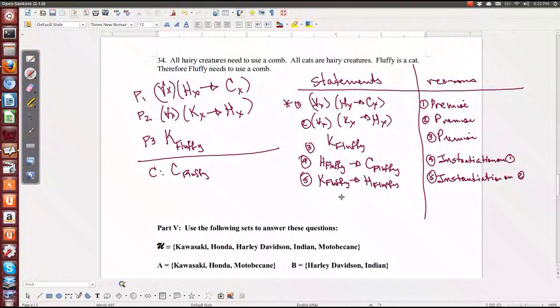And at this point, I'm ready to start putting statements together. I've got 2 conditionals to choose from, and I'm going to go ahead and choose statement 5 first, and I'm going to put 5 with 4.